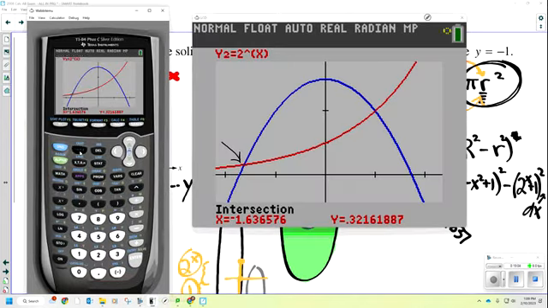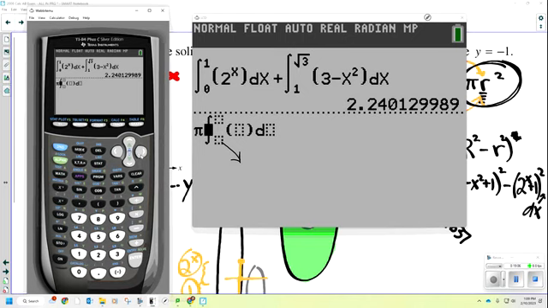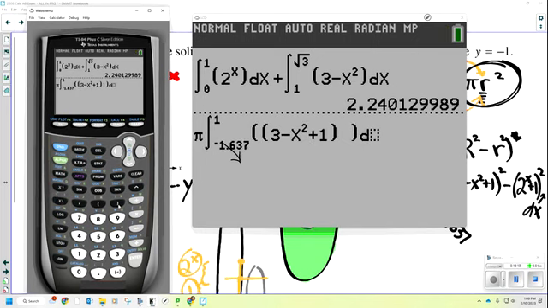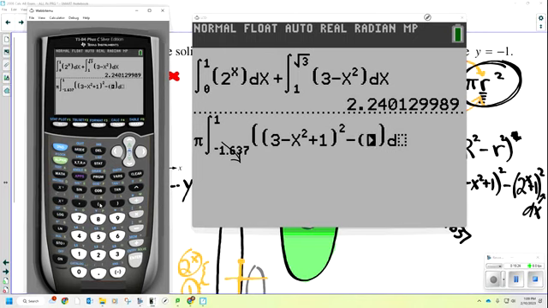All right? So here we go. From negative 1.637 to 1, I'm going to integrate 3 minus x squared plus 1, close that parenthesis. That's my big radius. That needs to be squared. Minus, parenthesis, the smaller radius, 2 raised to the x plus 1.